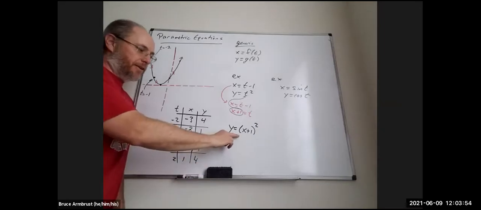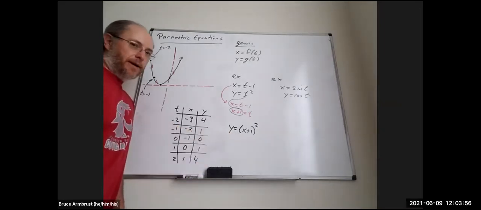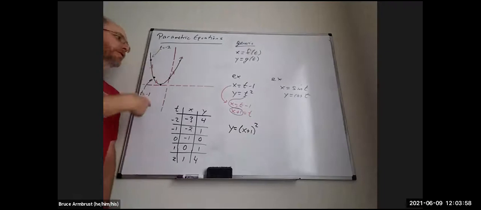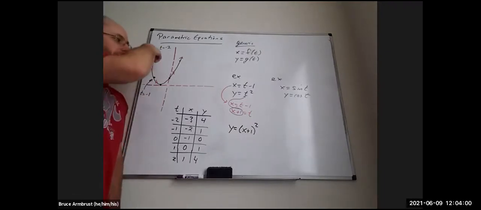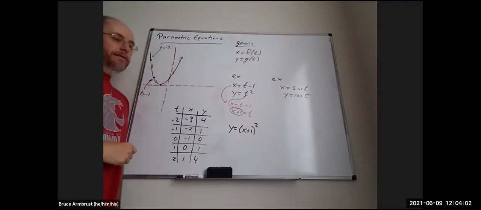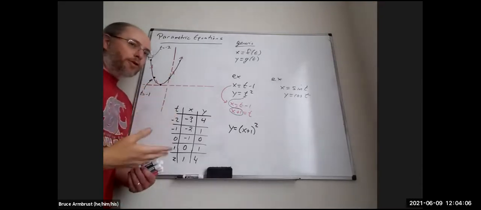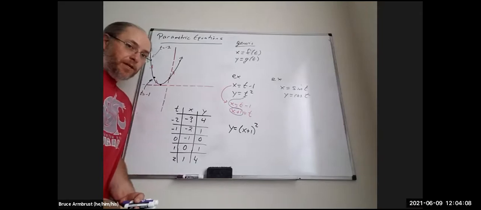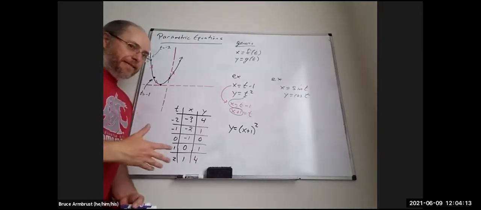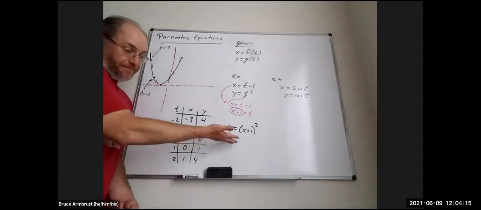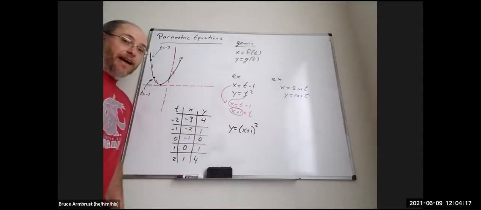If I just said draw the graph of y equals x plus 1 squared, you draw this parabola, you wouldn't know that the particle is going from left to right. I mean, you wouldn't know anything about it. So you lose information when you eliminate the parameter. But it makes it so that you can actually draw the graph of it.